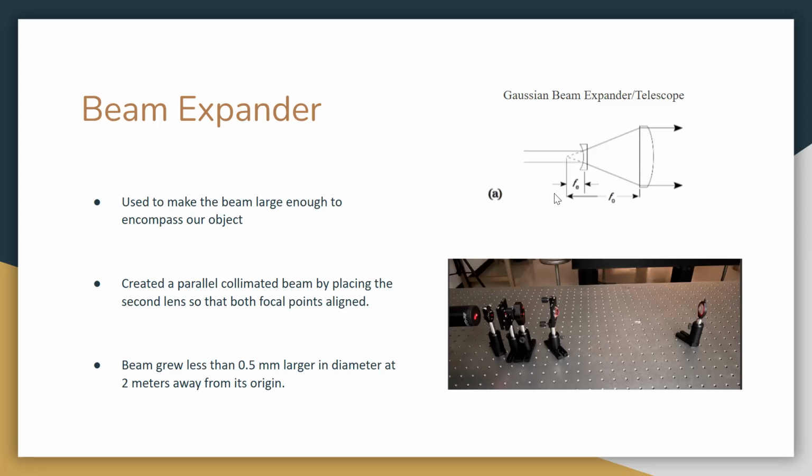And this is done to make the beam large enough to encompass our object, as well as to collimate the beam so that the light is parallel, and this allows for better interference. We actually did a really good job with collimating our beam because it grew less than 0.5 millimeters larger in diameter at over 2 meters away from the origin, which is really exciting for us, and it actually helped us to create such a good interference pattern, as you'll see later.